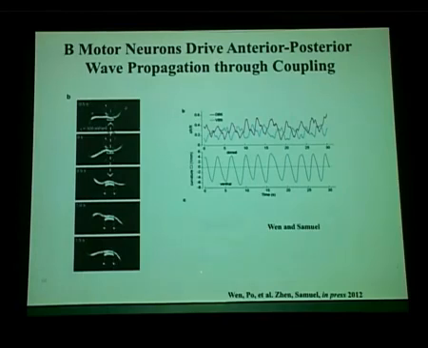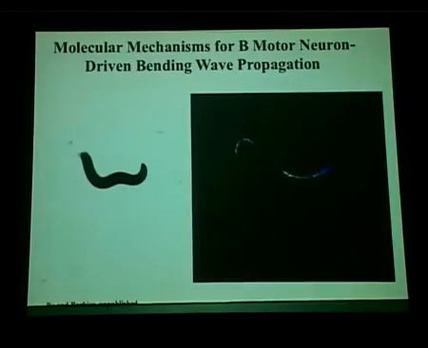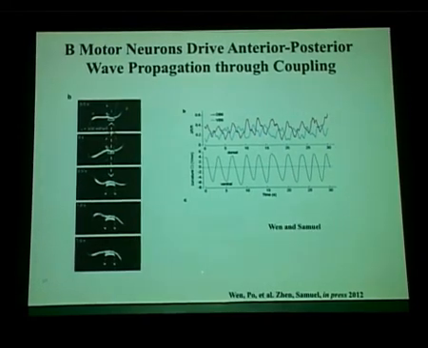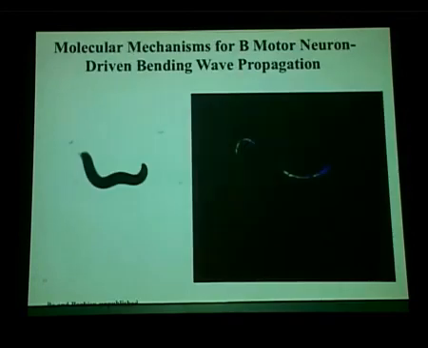So with this and other experiments, we got an idea that the B motor neurons themselves can organize a wave propagation from anterior to posterior by acting as mechanical sensors, immediately sensing the bending curvature of the body anterior to it and then activating those neurons, and that basically drives this propagation.